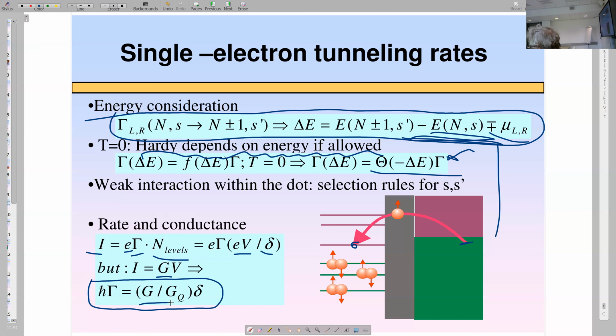Small conductances are required for discrete levels. Indeed, let us have a discrete level owing to tunneling. This level will become kind of smoothed. There will be energy uncertainty, which is precisely this gamma.